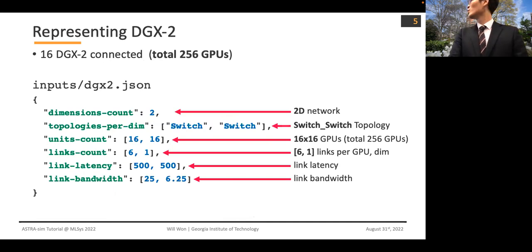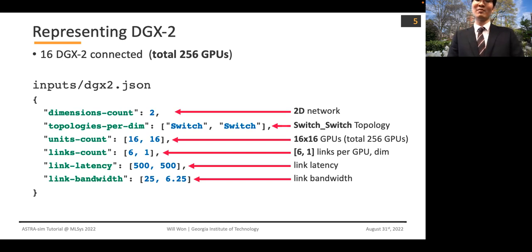So assume we want to scale out this DGX2 across 16 such boxes. Now this is not 1D anymore, this is 2D. Because the topology is first dimension NVSwitch, then the second dimension InfiniBand switch, the topology for each dimension is switch. The first dimension has 16 V100 GPUs. In the second dimension, we are scaling out 16 boxes, so that becomes 16.